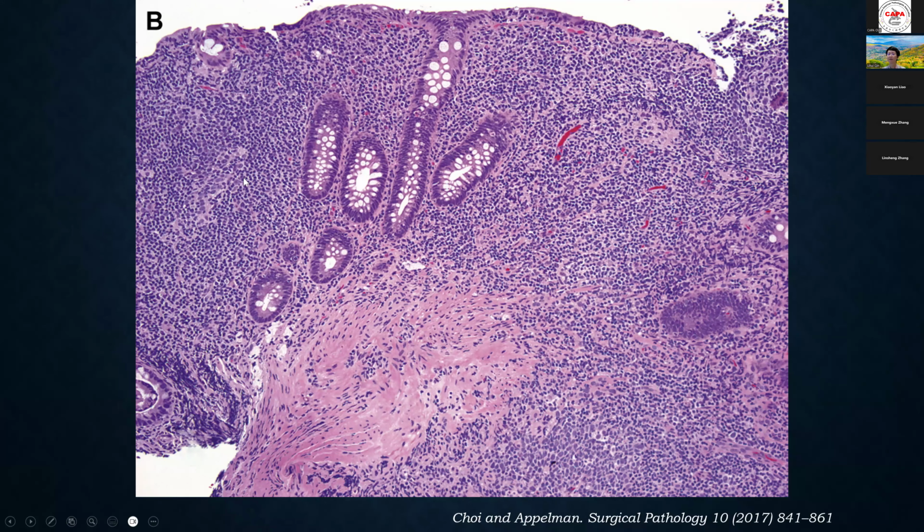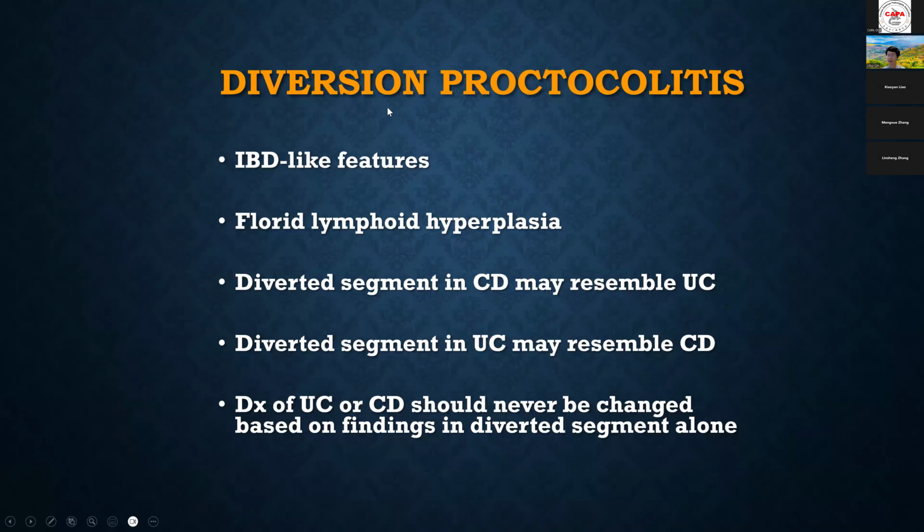And when you see this kind of picture, you need to check the clinical history or surgical history to see if this part of the colon is diverted, right? The diverted part of the colon does not get short chain fatty acids from the stool. So the epithelium becomes injured and you have lymphoid aggregates. So if the patient had surgery, then this is a diverted part of the colon.